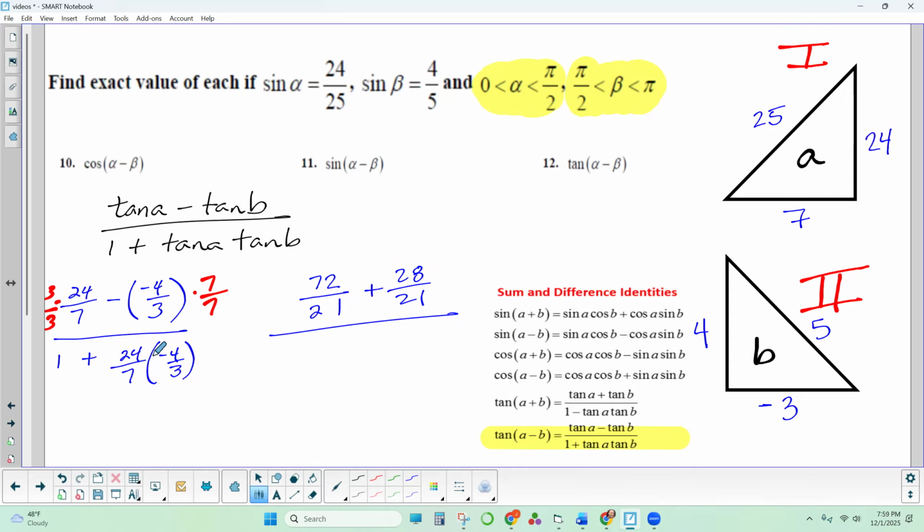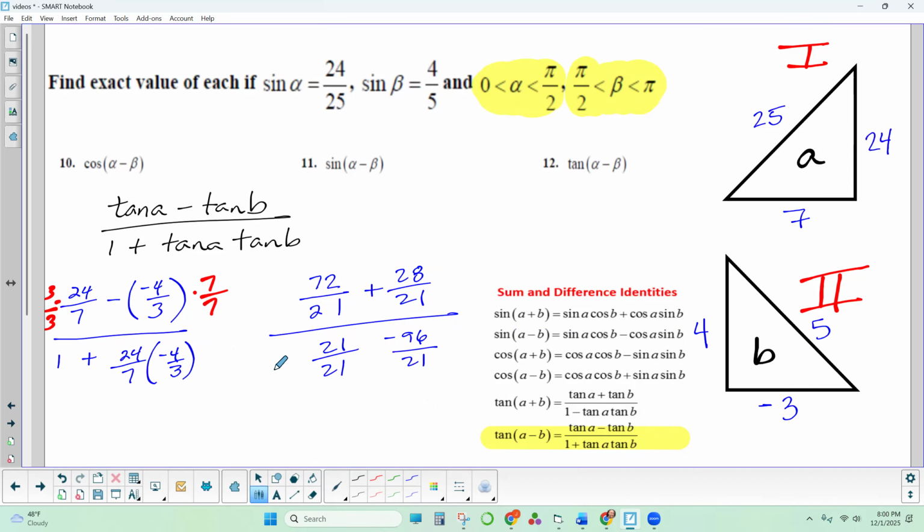And then down here, I've got 24 times -4, which is -96 over 21. And then I've got 1 whole, which I'm going to write as 21 over 21. So 1 plus the product of this is 21 over 21 minus 96 over 21.